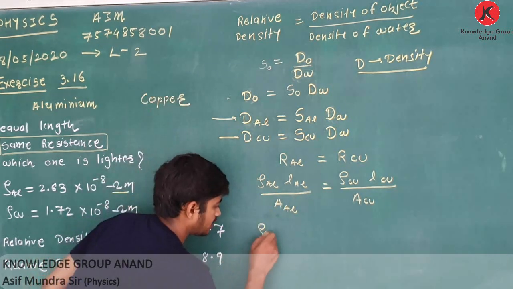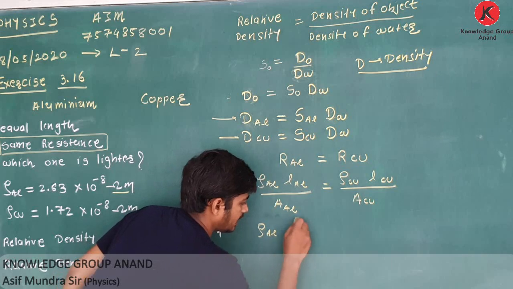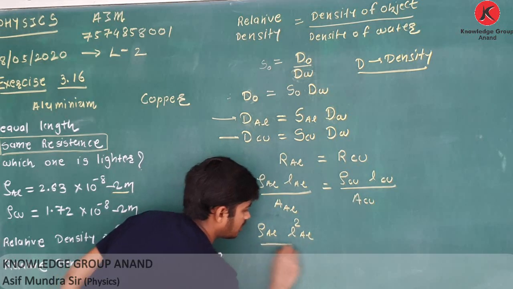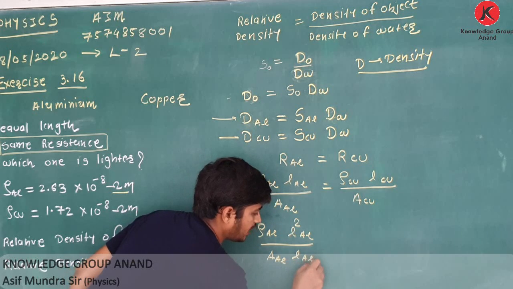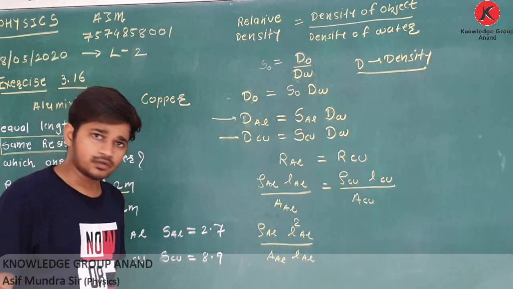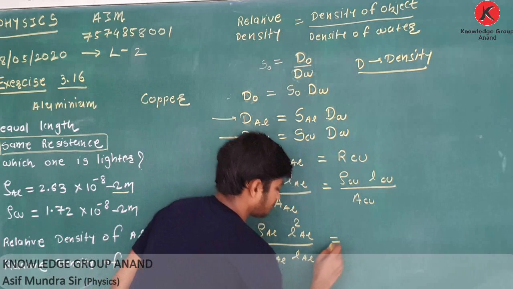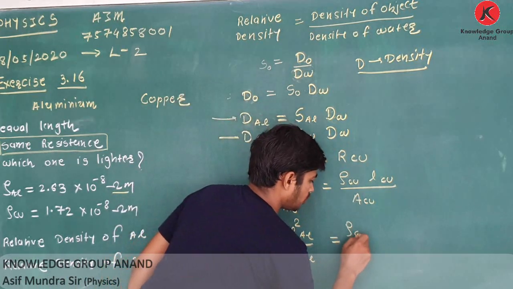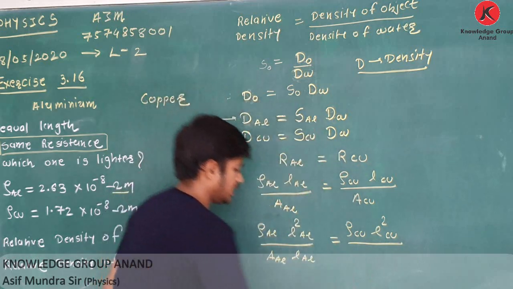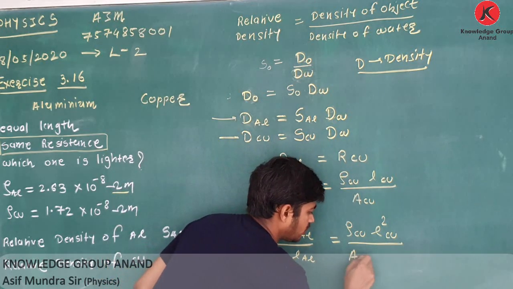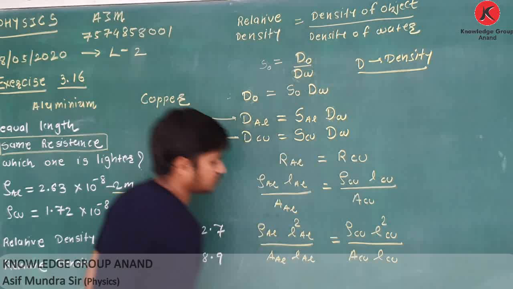Right now, see, rho L squared of Al upon A of aluminium times L of aluminium. Clear about this? Is equal to rho of Cu, L squared of Cu divided by A of Cu and L of Cu.